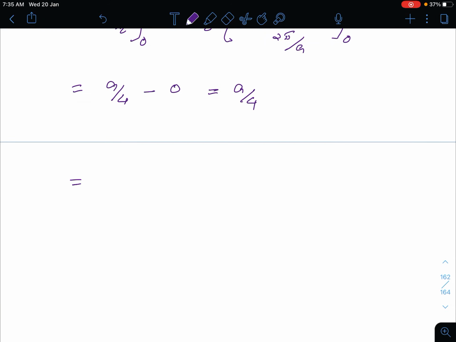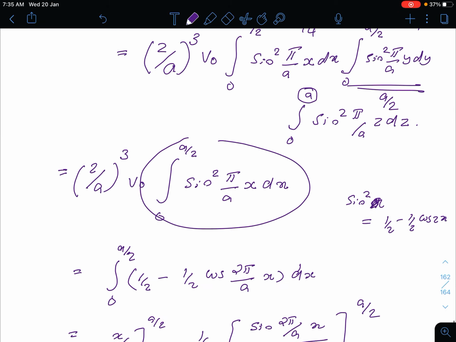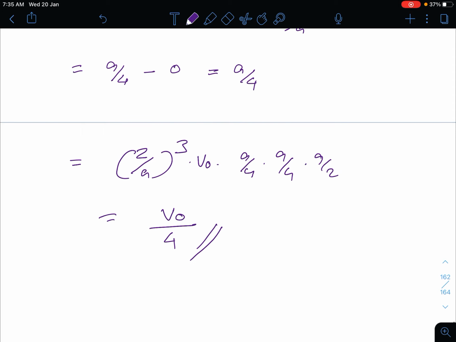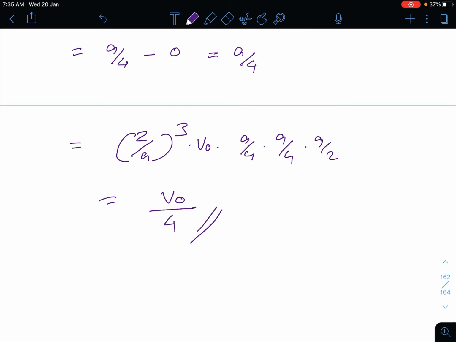So what will we be getting? We get 2 by a, all cubed, V0 into a by 4 into a by 4 into a by 2. A cubed and a cubed get cancelled. So 2 cubed, that is 8, and the 8 cancels. So V0 by 4, that's the first order correction in energy.